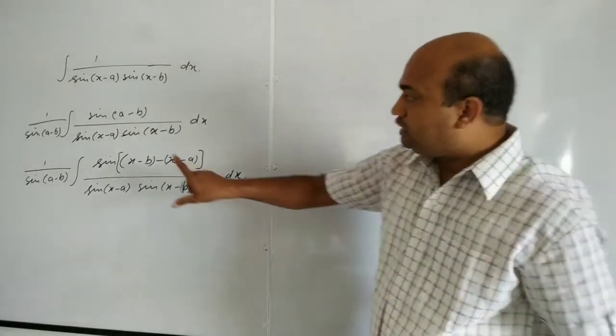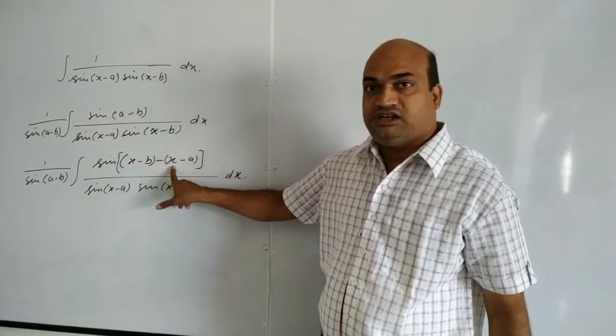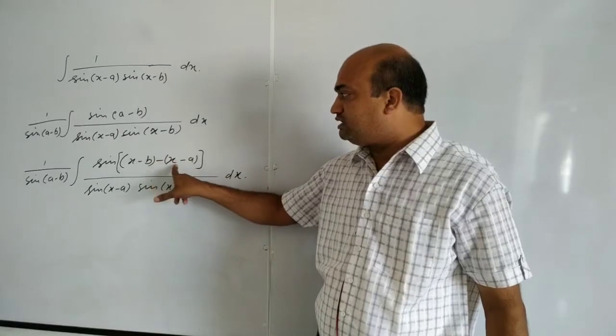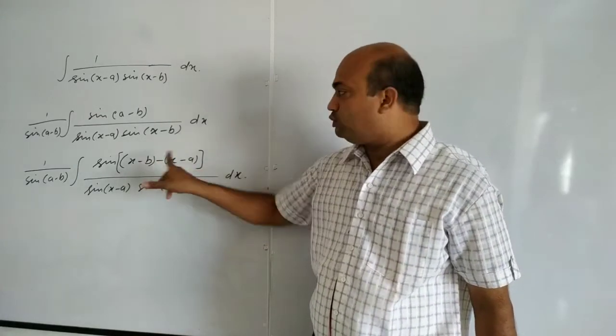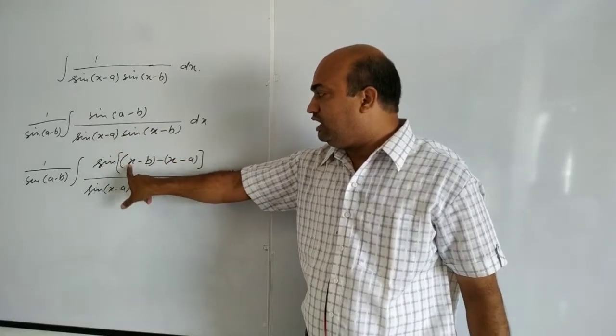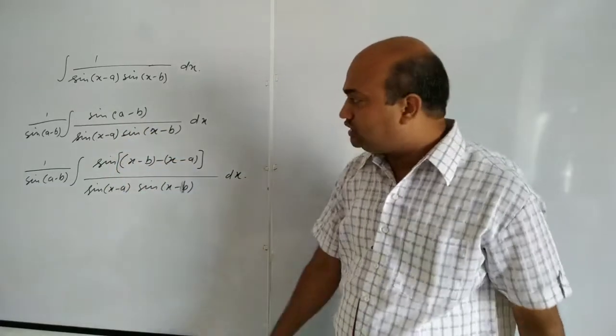What we have done, x we added and subtracted. You see this minus we multiply inside here as well as here. So it will be a positive and b negative. So a minus b we again get, and x and minus x will be cancelled.